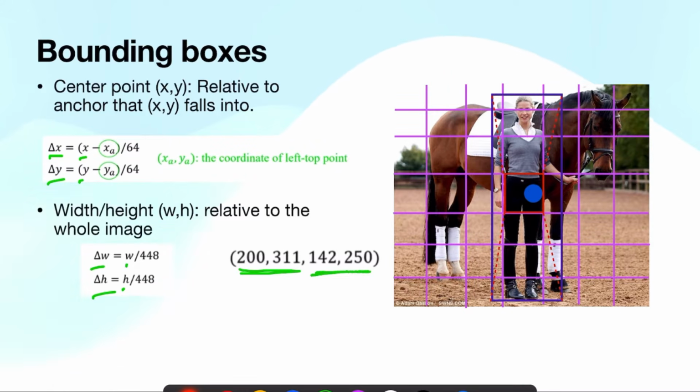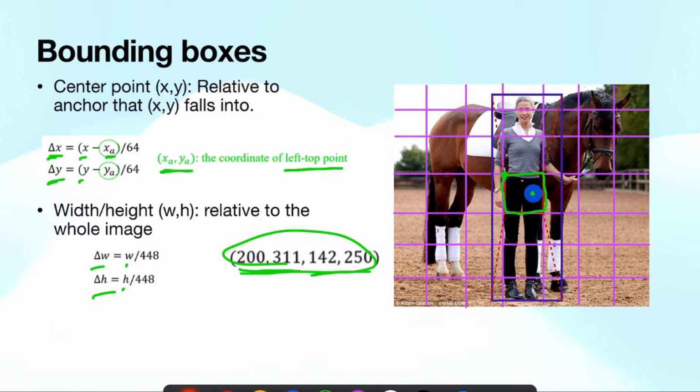From my ground truth value, I am calculating the targets with respect to the grid position. XA and YA are the top left point of this grid. So I am calculating the relative values of this center point with respect to this grid point.